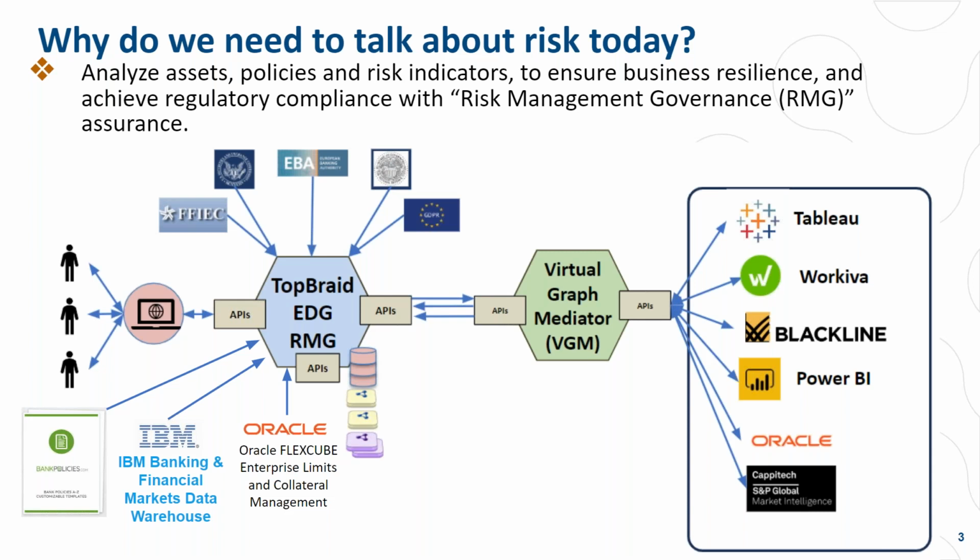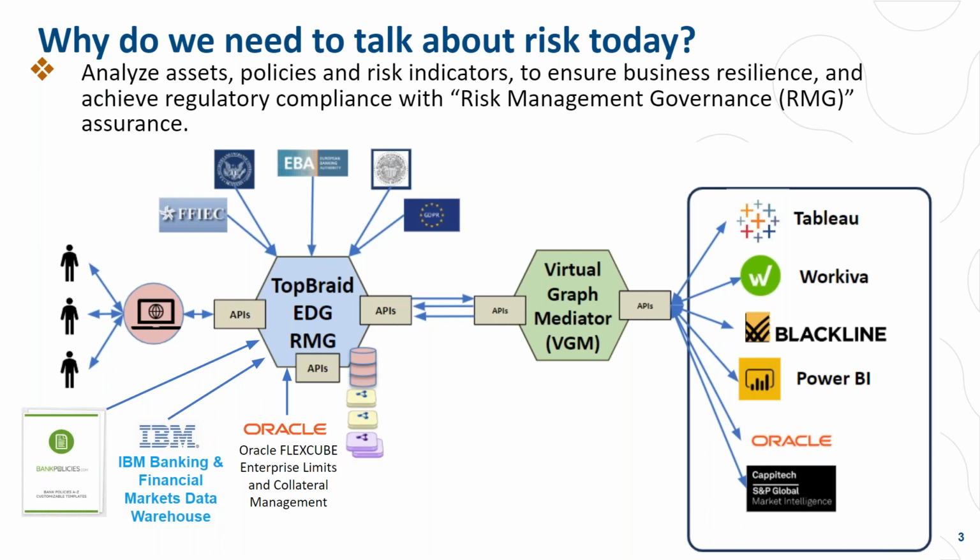What you're seeing here is the process by which we have taken information from bankpolicies.com, from IBM, and from Oracle, and we're pulling that information into TopBraid EDG, along with, as you see on the top, things like the European Banking Authority, EBA, or FFIEC, or any of the other regulatory bodies out there.